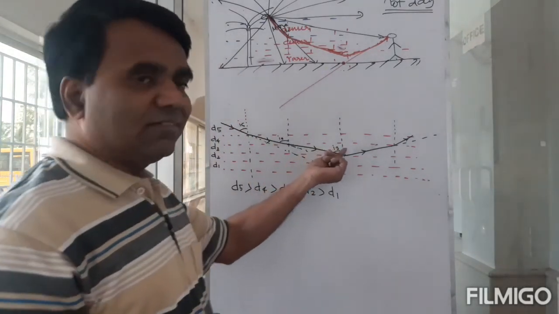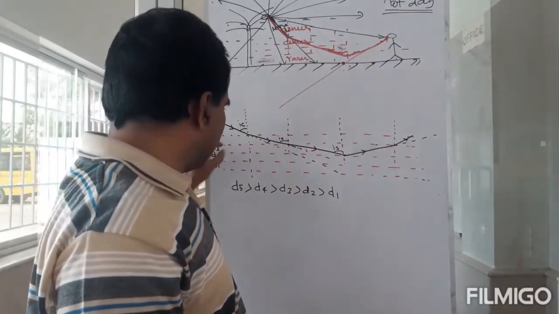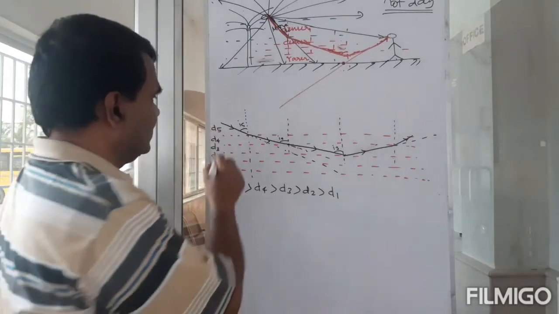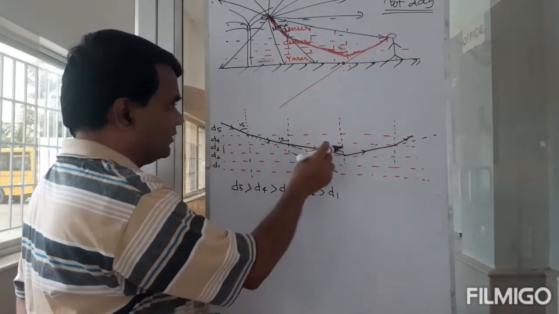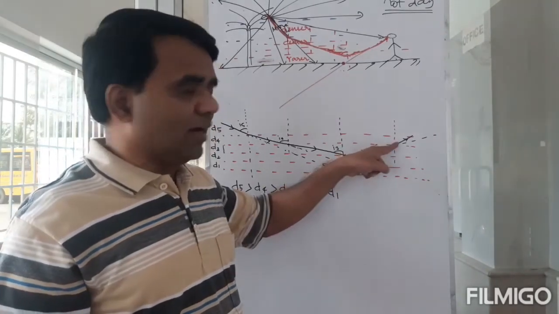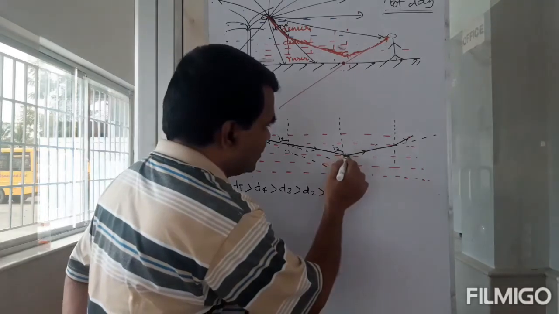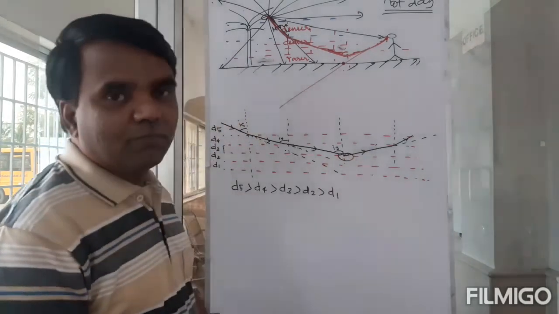But suppose this I3 is more than the critical angle for this medium, D3. If it is more than the critical angle, then it will reflect back. It won't pass through it. Total internal reflection will take place here.